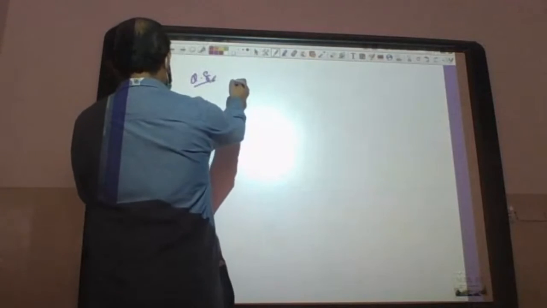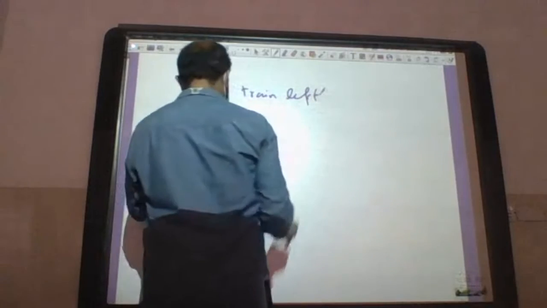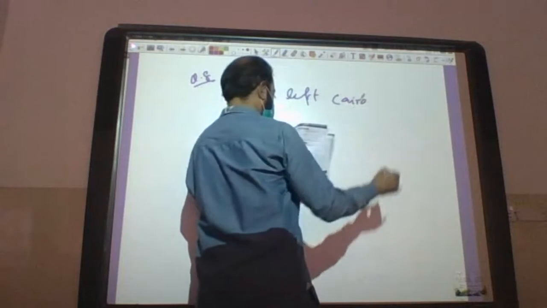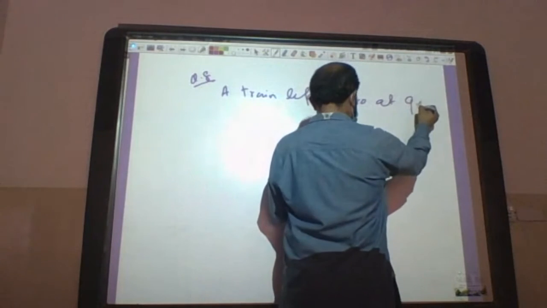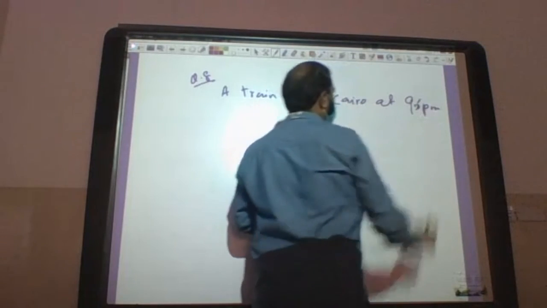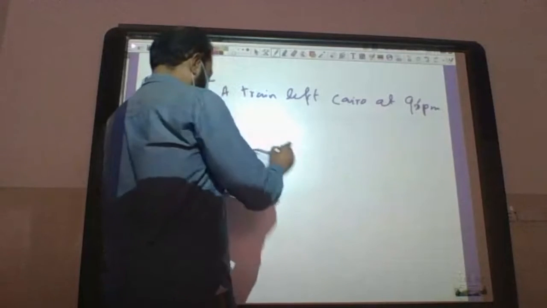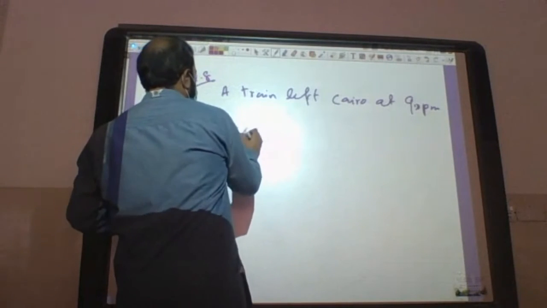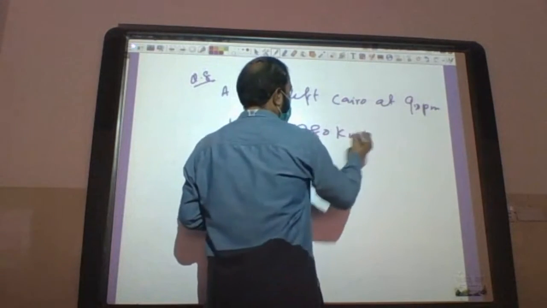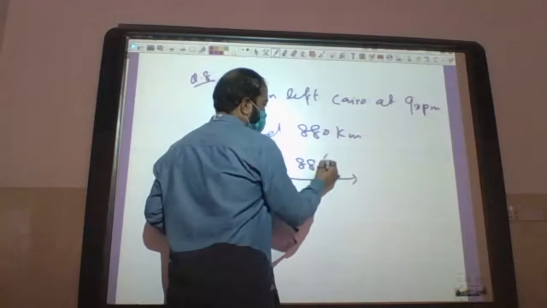The question is, a train left Cairo at 9 p.m. This is the train departure time from Cairo, 9 p.m., and it traveled 880 kilometers.